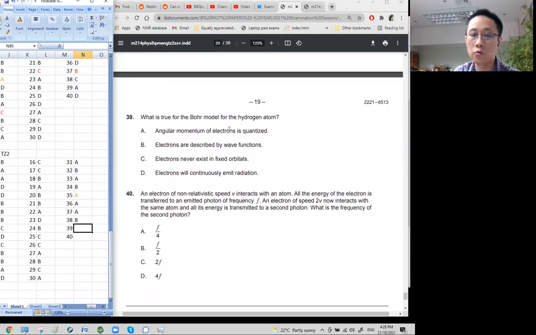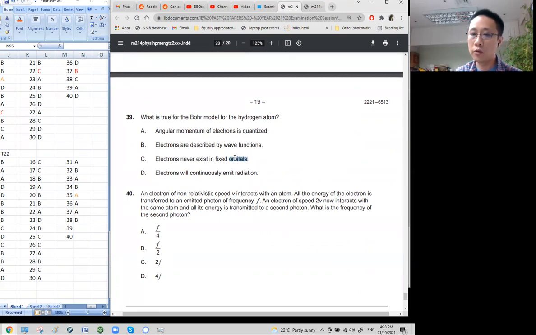Question 39, what's true for the Bohr model of the hydrogen atom? Angular momentum of the electrons is quantized. I think that's actually correct already. Wave function is the Schrodinger model, and Bohr had not heard of the wave function at the time of his discovery. I'm not sure whether orbitals and orbits mean the same, because in chemistry they clearly mean something different.